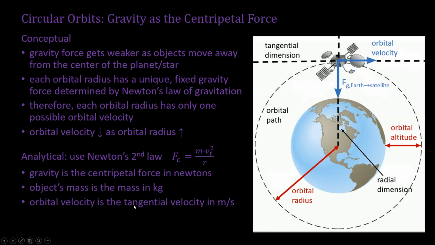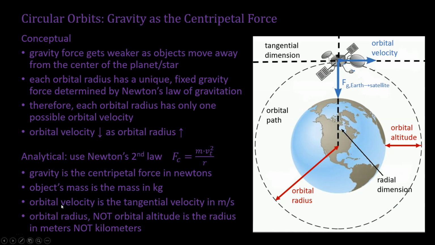The orbital velocity is the tangential velocity in meters per second, not kilometers per hour or kilometers per second. And the orbital radius, not the orbital altitude, is the radius in meters, not kilometers. So there's two things when dealing with this R. First of all, you want to use the orbital radius.